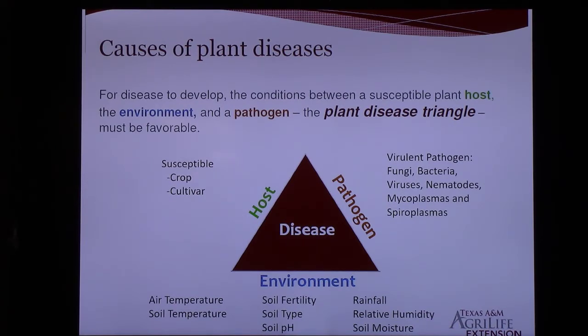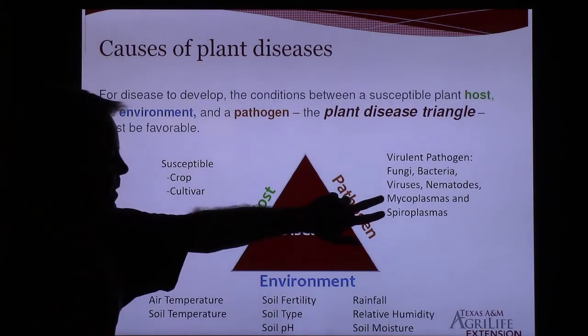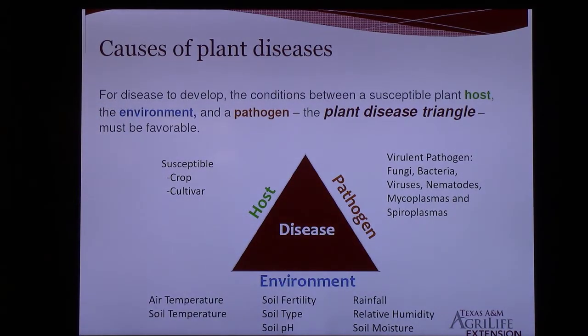We need to have a pathogen, and that virulent pathogen, or that pathogen that's going to cause a disease, can either be a fungi or a bacteria. It could be a virus or a nematode. Now, we don't hear a lot about these, but I threw them in. Mycoplasmas and spiroplasmas.